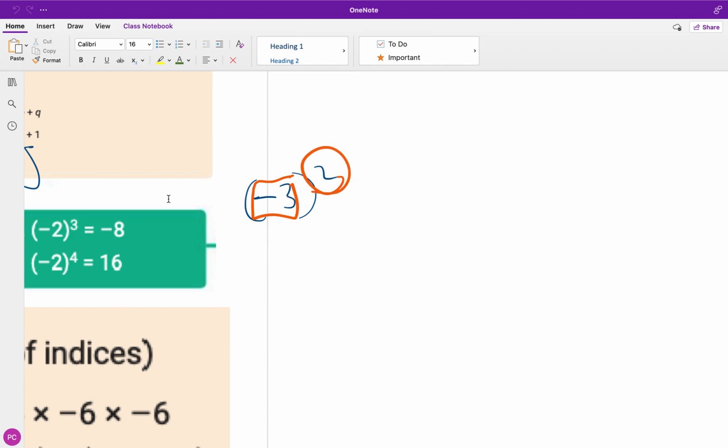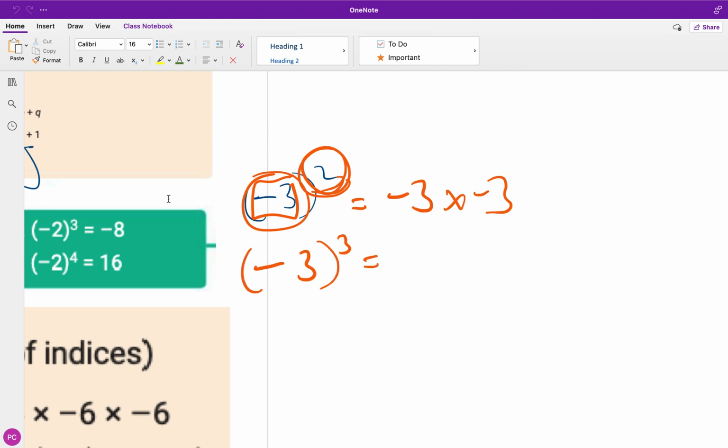So what that means is minus 3 multiplied by minus 3. So it's minus 3 twice. If I have minus 3 to the power of 3, it means minus 3 by minus 3 by minus 3. So it's going to be minus 3 three times.